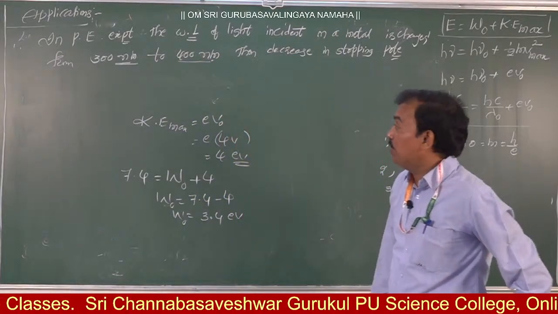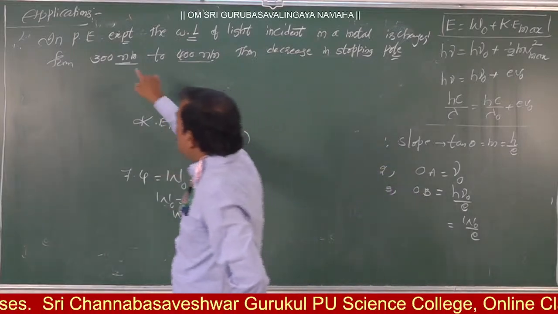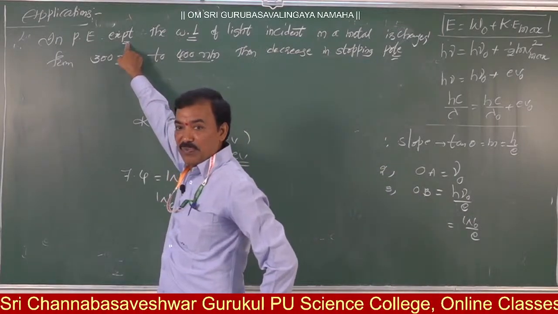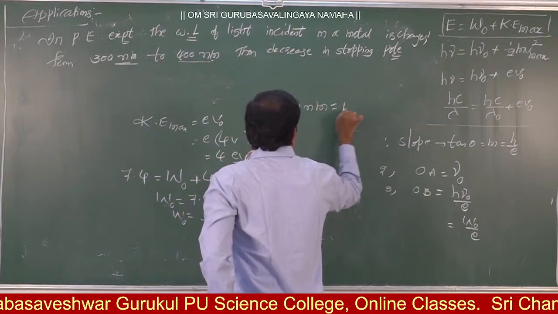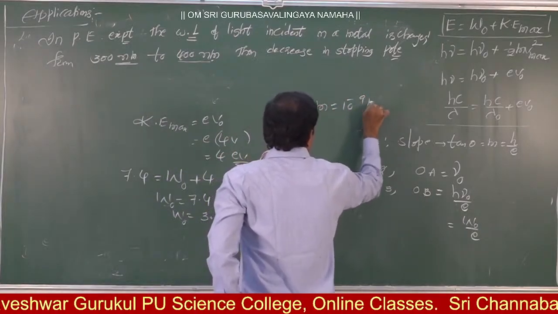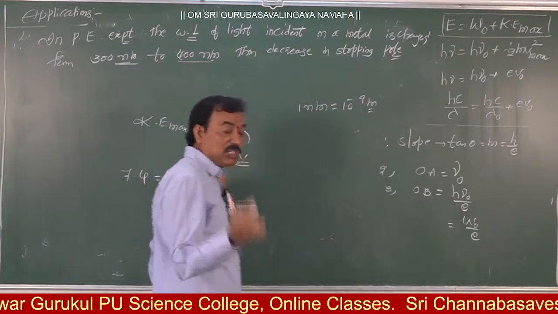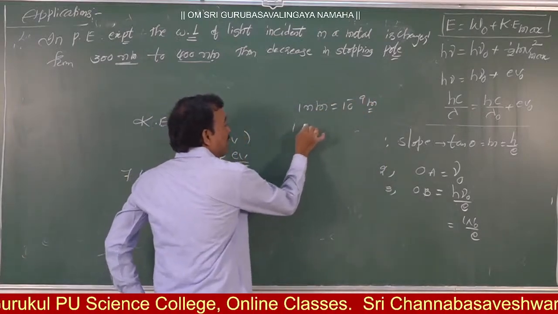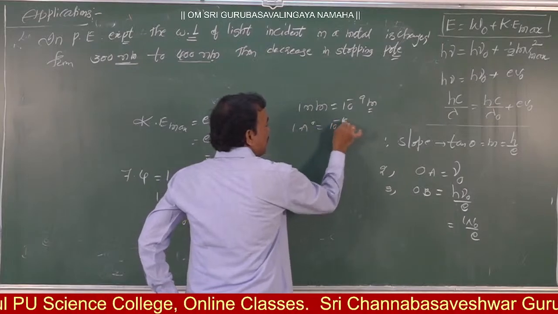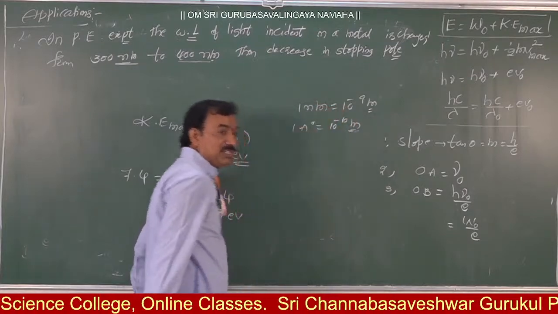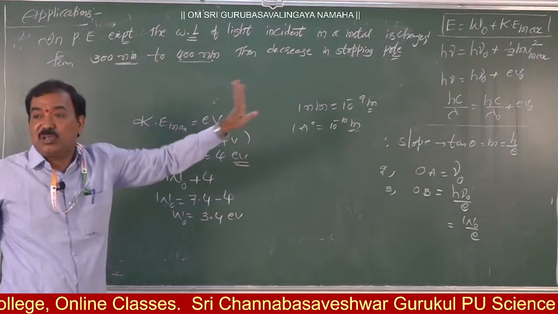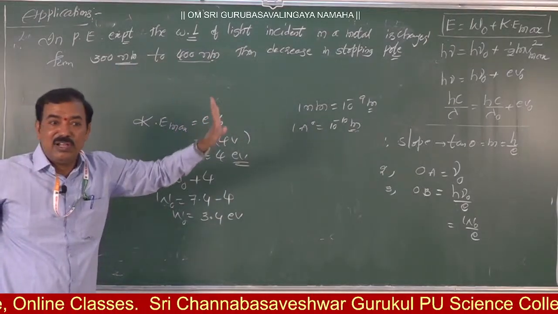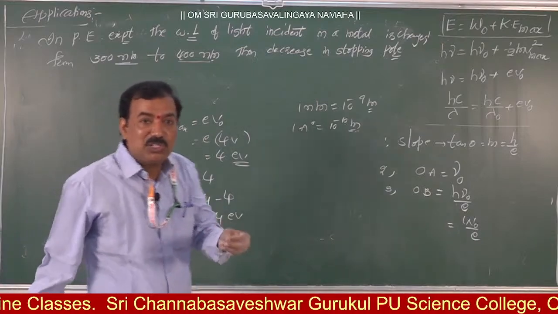Nano is 10 to the power of minus 9, so 1 nanometer is equal to 10 to the power of minus 9 meters. And 1 angstrom unit is equal to 10 to the power of minus 10 meters. So 300 nanometers is equal to 3000 angstroms.